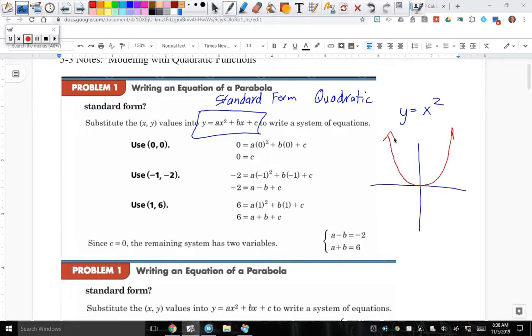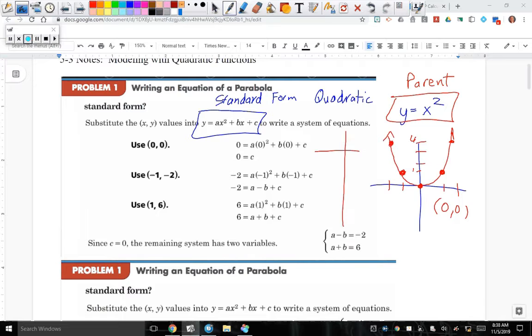The default parent function starts at 0, 0 as far as the vertex is concerned. The next points are over 1 up 1, and then over 2 up 4, and then left 1 up 1, and left 2 up 4.